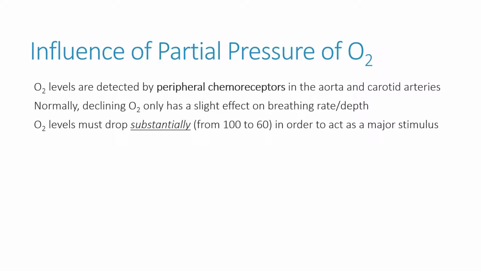Oxygen levels must drop substantially. Remember that normally, in arterial blood, our oxygen levels should be somewhere around 100 millimeters of mercury. But if they get reduced to about 60 millimeters of mercury, oxygen levels declining to that degree can act as a major stimulus to change breathing patterns.